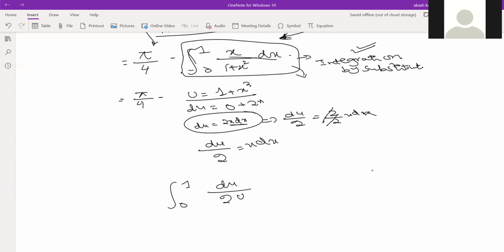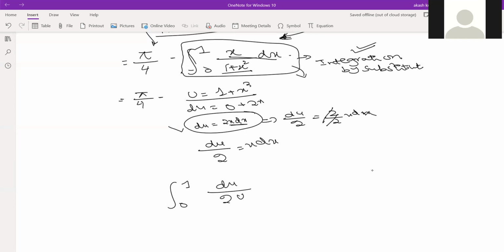So far we just know that u is equal to 1 plus x squared, and du is equal to 2x dx, because I'm taking the differential of it. Then x dx is equal to du over 2.